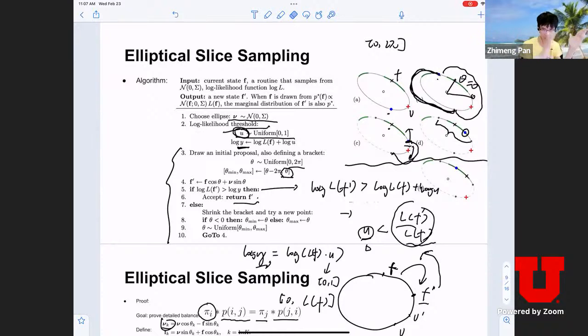So it will keep swinging left and right, determined by the theta. If your new sample theta is positive, then it will be the new upper bound. If your new sample theta is negative, then it will be the lower bound. It will keep shrinking the two bounds toward 0, but always contain the 0.